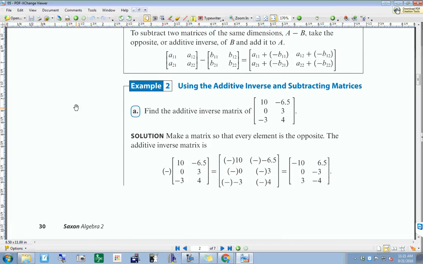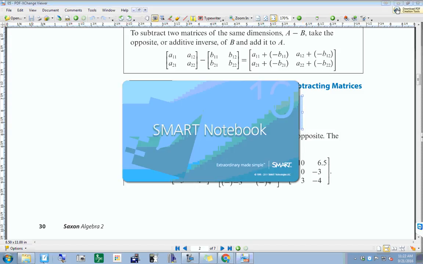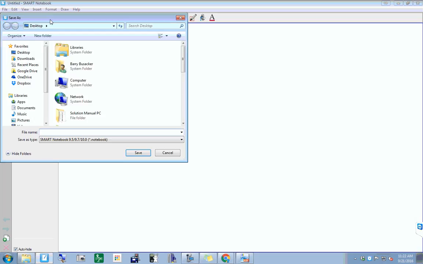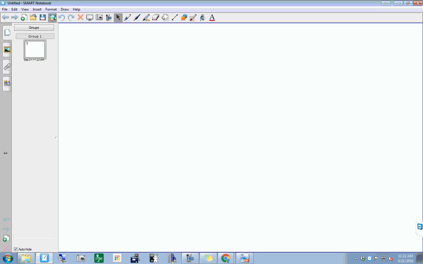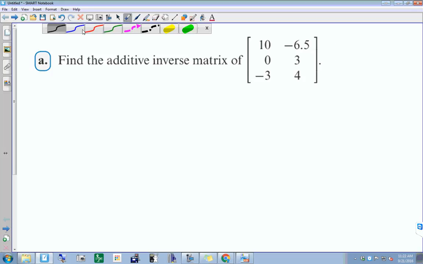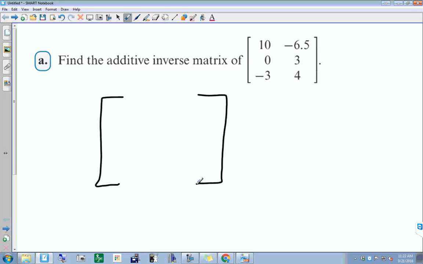The first one I want to take a look at here is this idea of additive inverse. So, if I want to do the matrix for this one, a matrix is always going to have brackets like that around it.